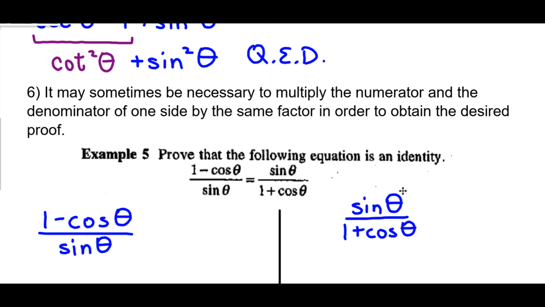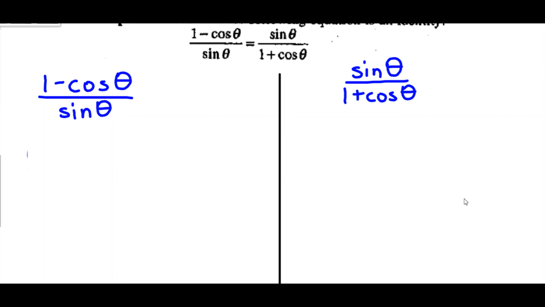So I've set up my equation here, (1 minus cos theta) divided by sine theta equals sine theta divided by (1 plus cosine theta). Now, it's hard here to decide which one is more complicated and which one is easier. In this case, I'm going to help you out.